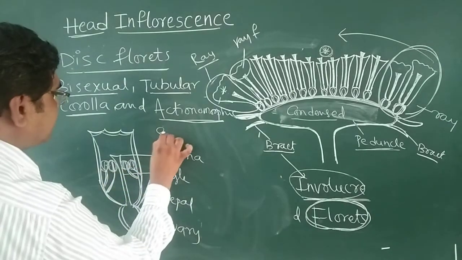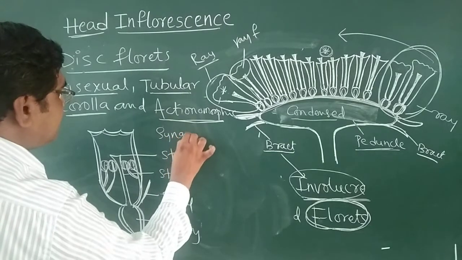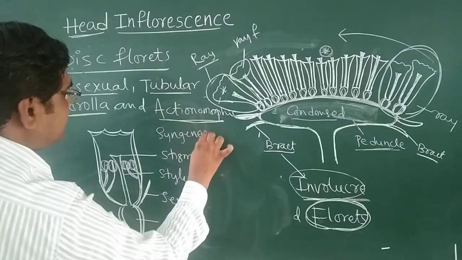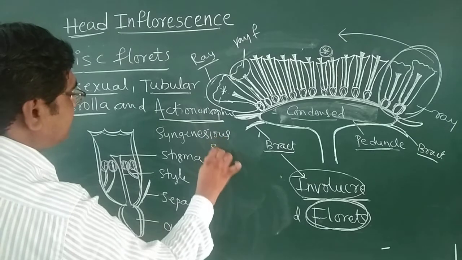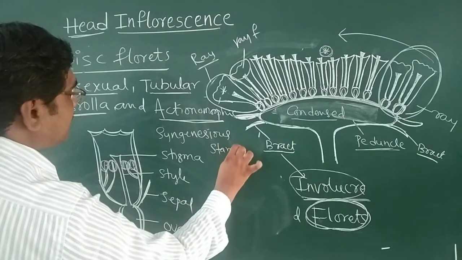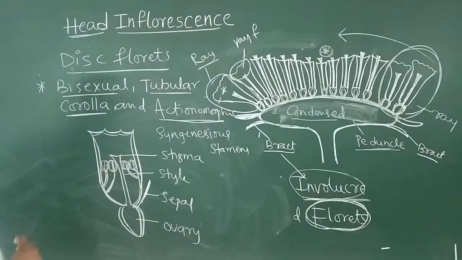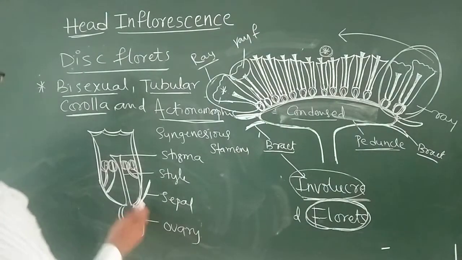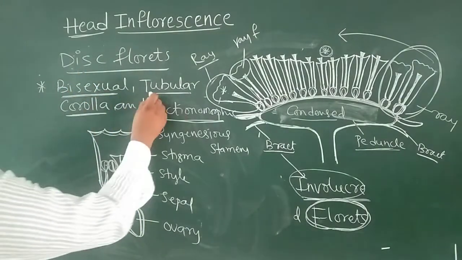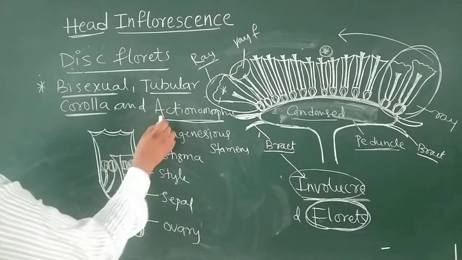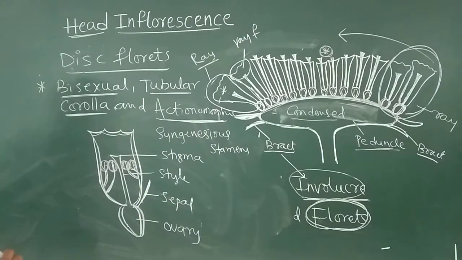This condition is called syngenesious. Syngenesious stamens are present in the disc florets. So the disc florets are bisexual, with a tubular corolla, and actinomorphic flowers.